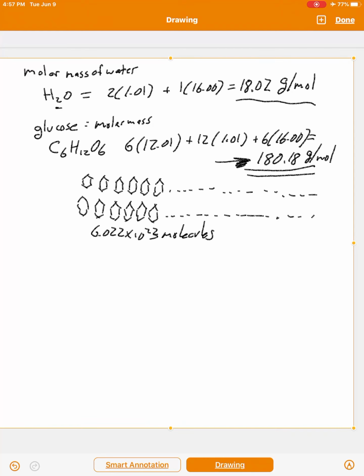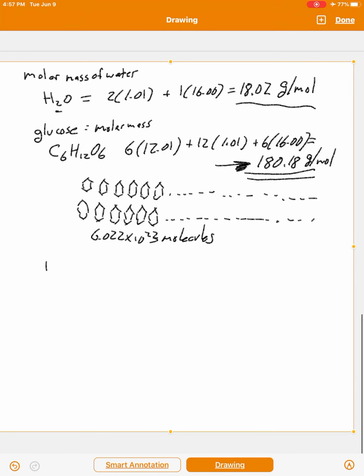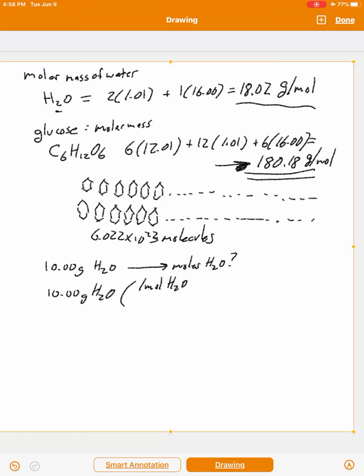For example, if I have 10 grams of water and you want to find out how many moles of water that is, you'd say 10 grams of water, 1 mole of water is 18.02 grams of water. And then the grams of water cancel and you get moles of water.